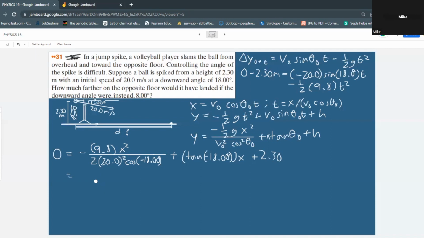Okay, now, we can evaluate this problem, I think calculus can handle that. So, in the equation, a polynomial of degree 2, the coefficient of x squared is negative 9.8 divided by 2 times 2 squared times cosine of negative 18, all squared.